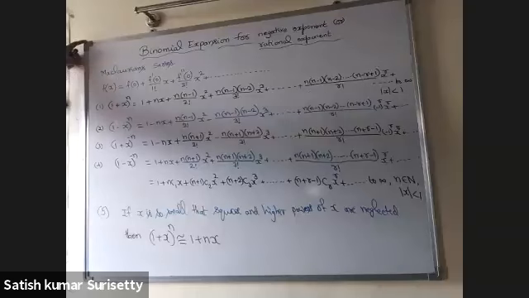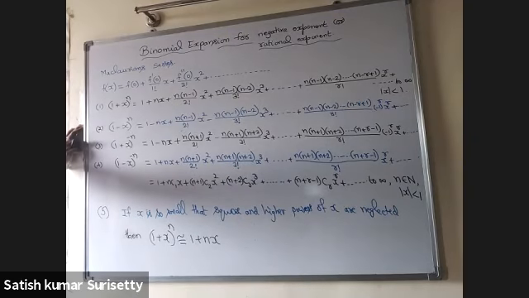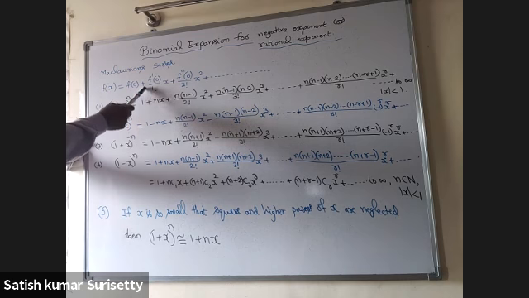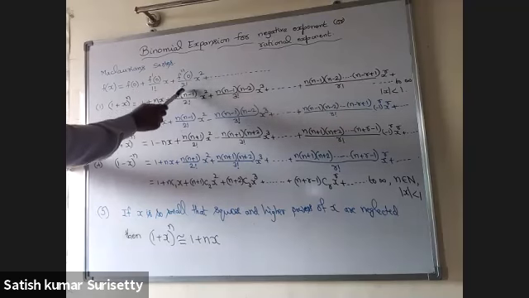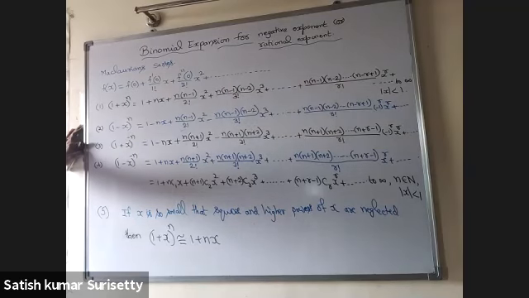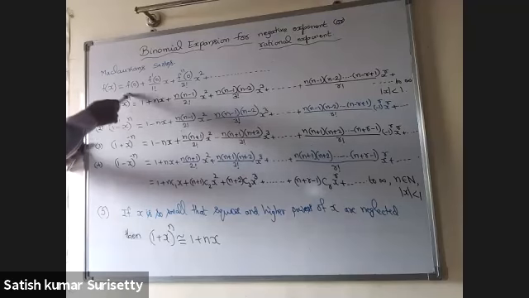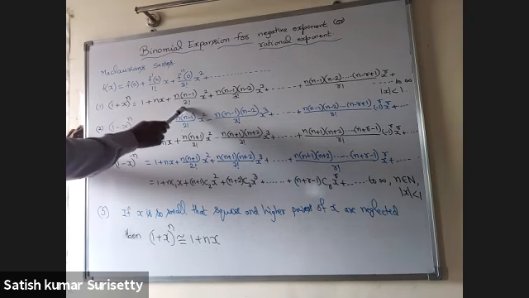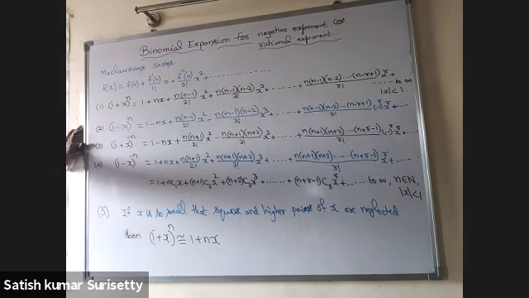If f of x is differentiable successively, then any function which is differentiable can be written as f of x equals f of 0 plus f dash of 0 upon 1 factorial into x plus f double dash of 0 upon 2 factorial into x square and so on. So the (1 plus x) whole power n derivation can be done using Maclaurin's series. That is 1 plus nx plus n into (n minus 1) by 2 factorial into x square and so on.